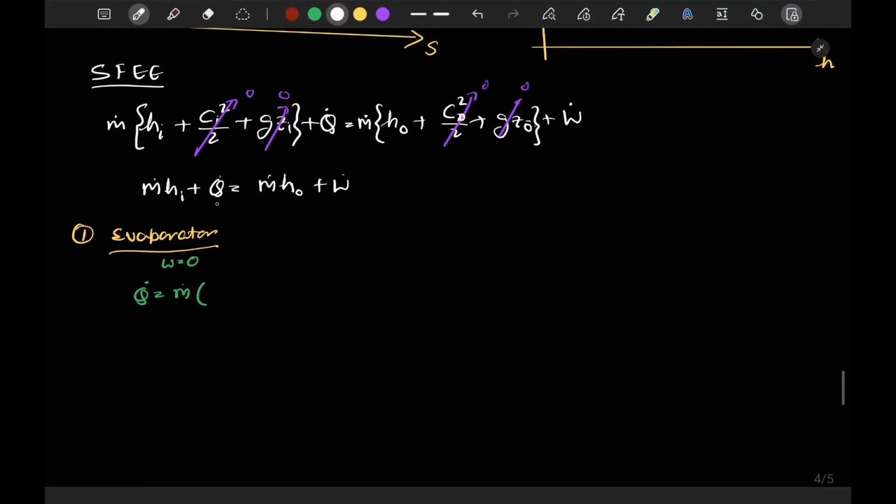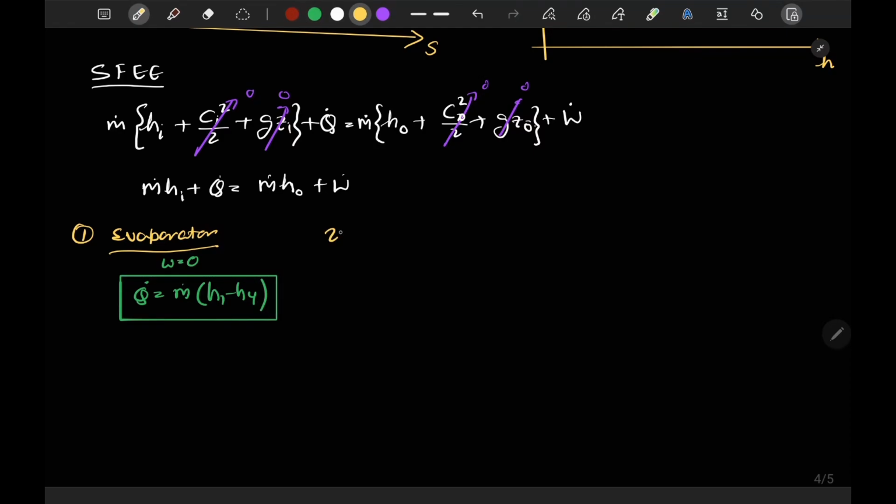So Q dot is equal to m dot h outlet minus m dot h inlet. The outlet is 1, so h1 minus h4. This is the equation for our evaporator.